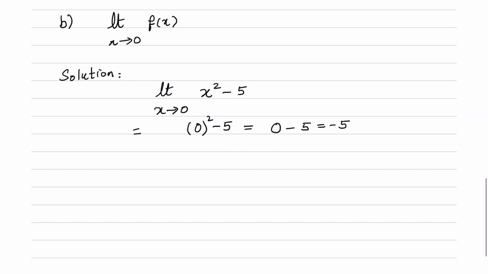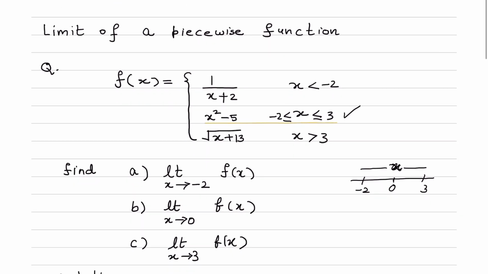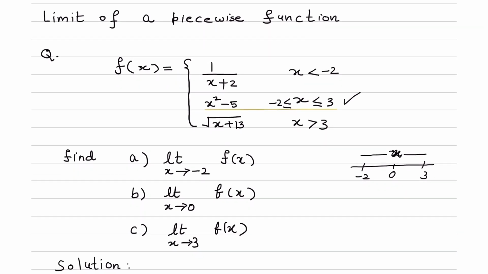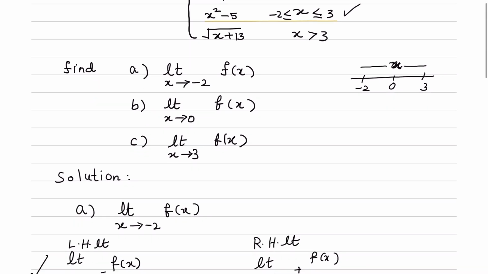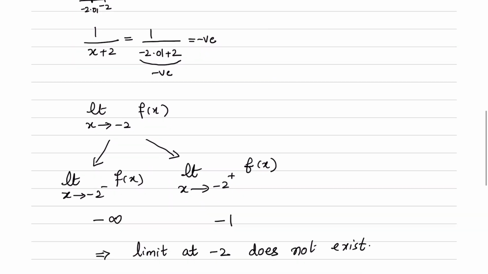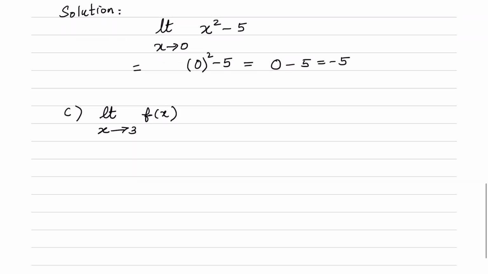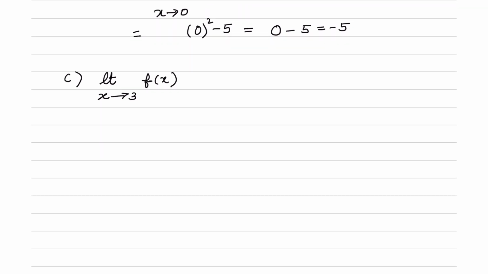Let's look at the third part. The third part says that we have to find the limit of the function f of x at 3. Now we know by looking at our function f of x that this function is splitting at 3. So whenever you have to find the limit at a number and your function is splitting at that number, you split your question into two parts, left hand limit and right hand limit.